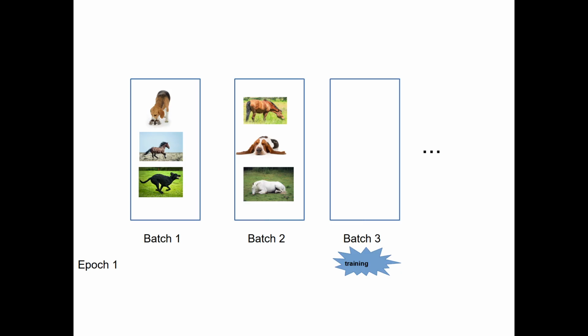In reality, there are many more batches, and when I've processed all my images, I start again from the beginning. And that's my second epoch. Batch 1, batch 2, batch 3, and then epochs 3, 4, 5, and so on. Sometimes there can be 500 or 1000 epochs depending on the neural networks we want to train. So batches and epochs are very important concepts.